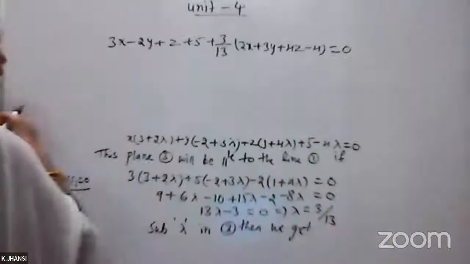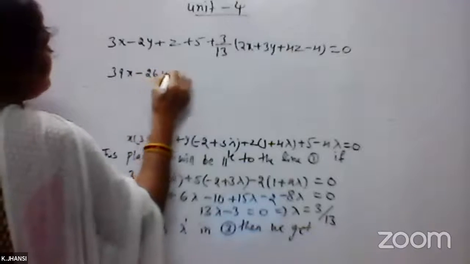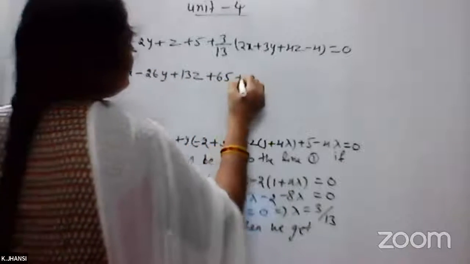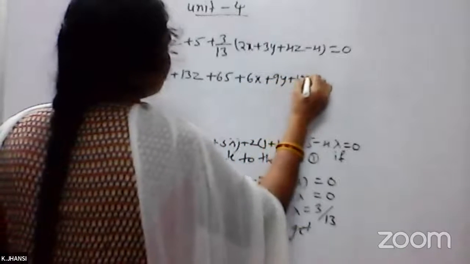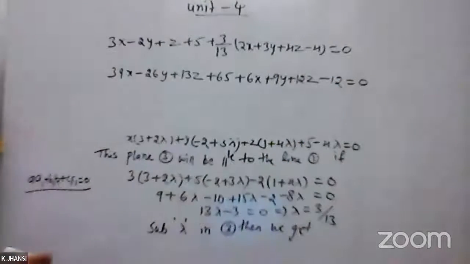So 13 3s are 39x minus 26y plus 13z plus 65. Here 3 2s are 6x plus 3 3s are 9y plus 12z minus 12 equals 0. Okay.